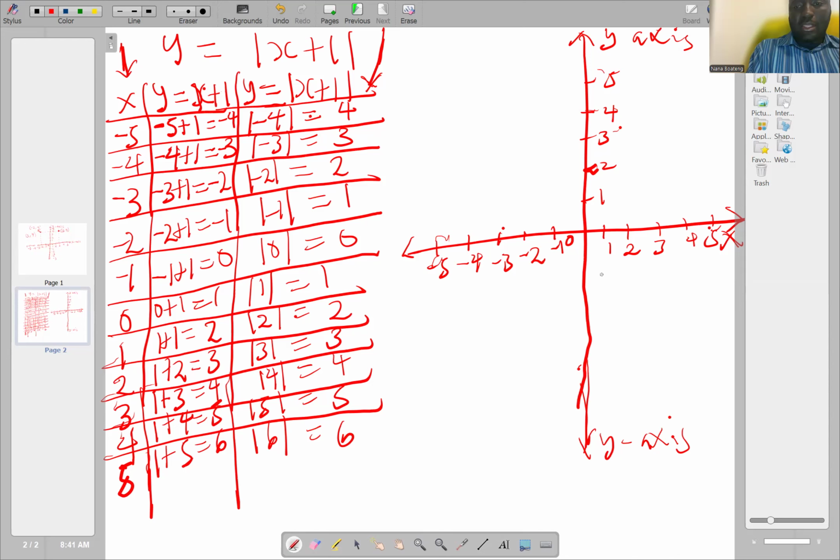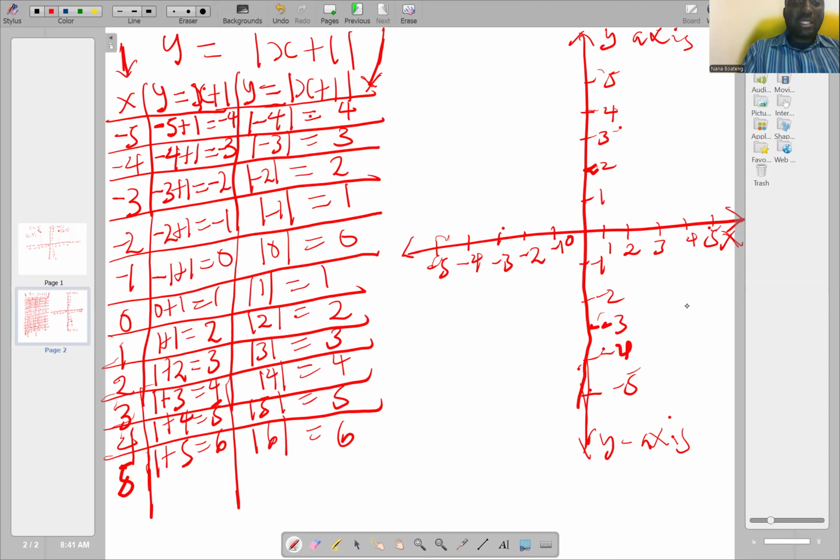And down here you have the -1, -2, -3, -4, and -5. All right, so let's try to plot our pair of points.